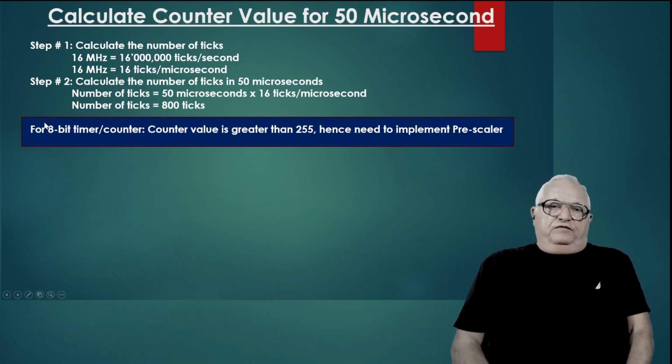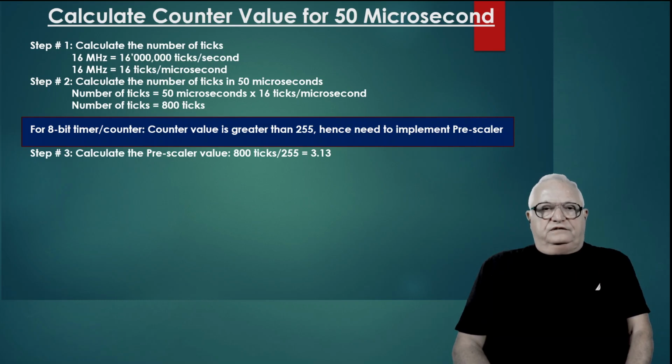Now, for our 8-bit counter, the maximum value is 255, so we are going to have to use prescalers. So this is how we calculate our prescalers. The first thing we do, we say, okay, we need 800 ticks. So we divide our 800 by 255, which gives us a prescaler of 3.13.